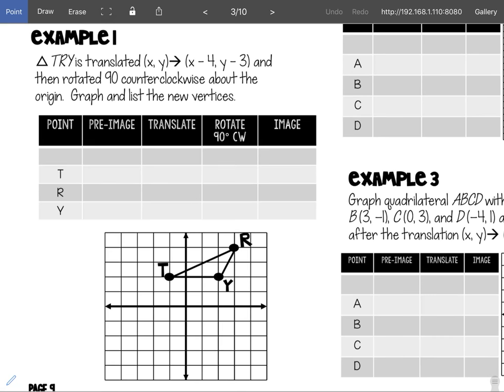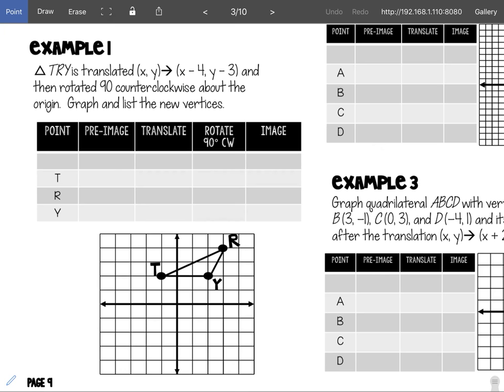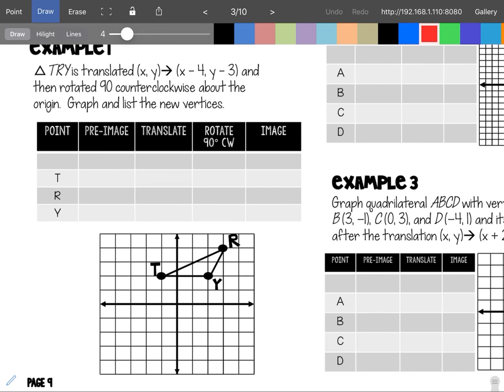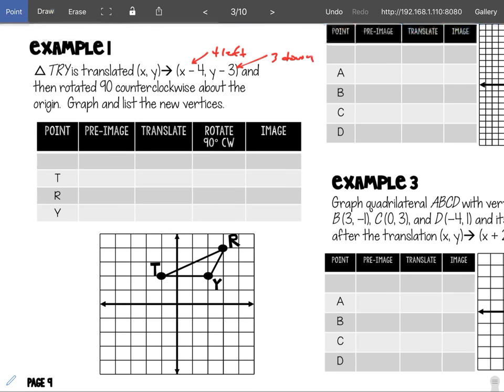You guys got to realize for the test that this means 4 left, and this one means 3 down. Then after you do that, you take that result and rotate it 90 degrees counterclockwise. So that's the second part. It's a composition of 2 transformations.